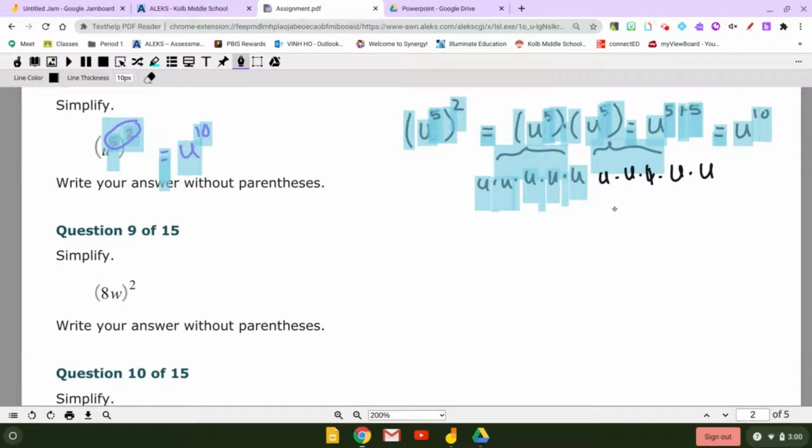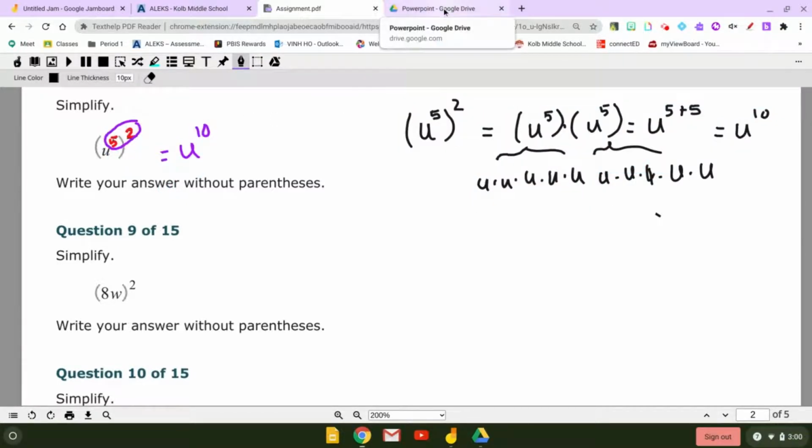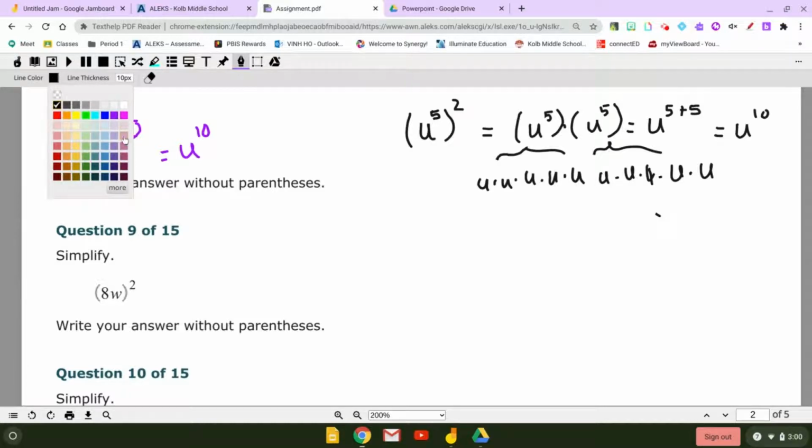So the total is u to the 10. So to save you all the steps, they came up with the power rule. If you have a power outside the power, you can multiply, giving you u to the 10. That's it.